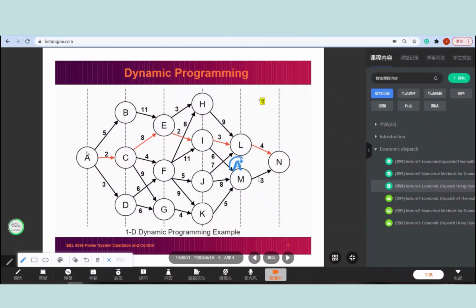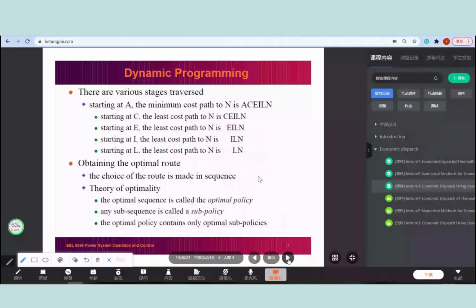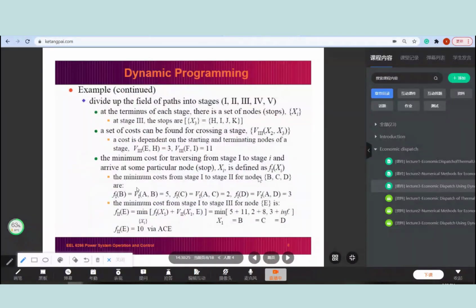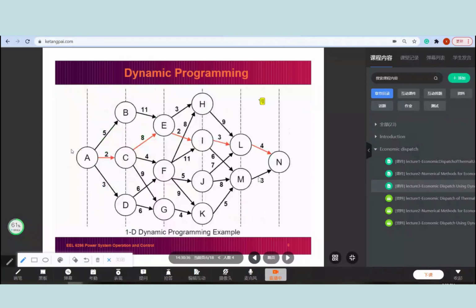If you travel from A to B, the cost will be 5. Travel from A to C, the cost will be 2. Travel from A to D will be 3. Okay. You see, you travel from stage 1 from A to B will be 5. A to C will be 2. A to D will be 3. That means you travel from stage 0 to stage 1, you have different costs for each stop.